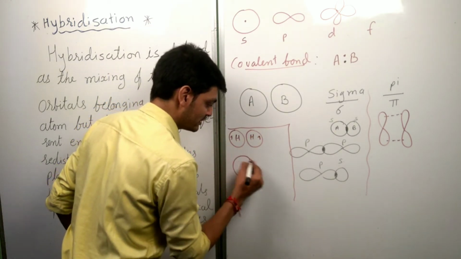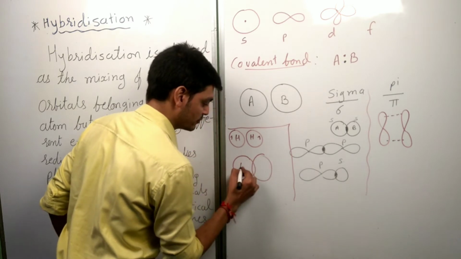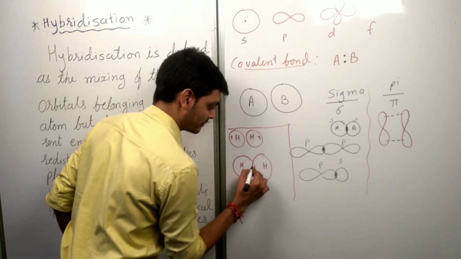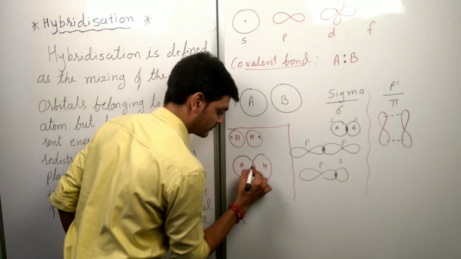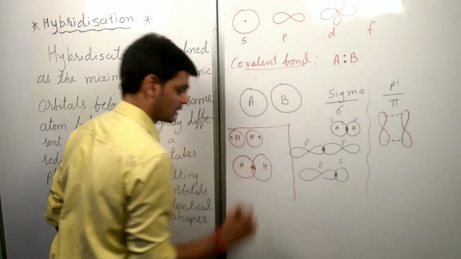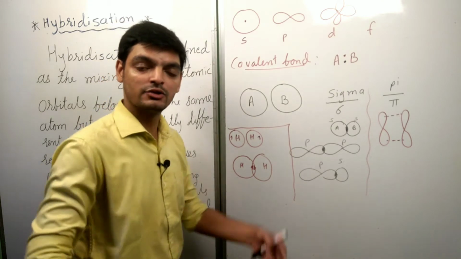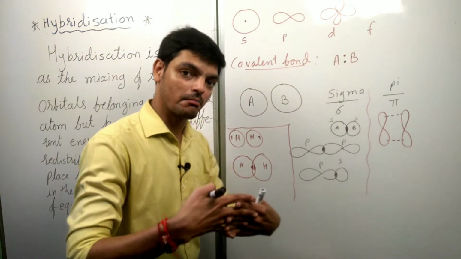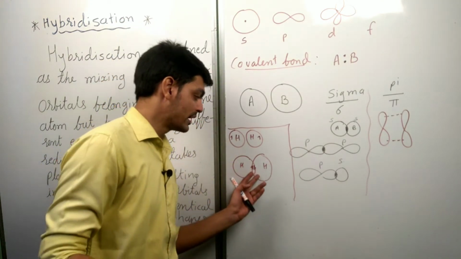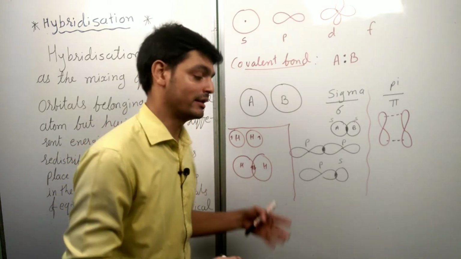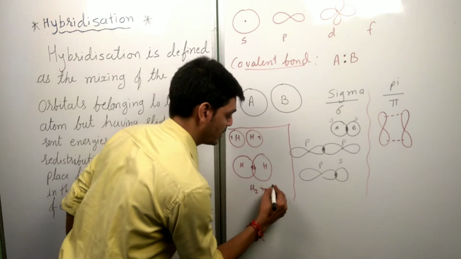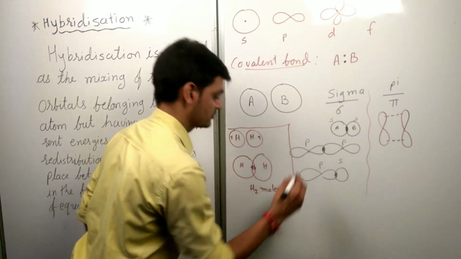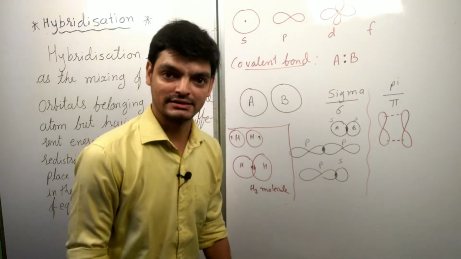Now when hydrogen atoms are forming hydrogen molecules, the two electrons are combined like this. Their two s orbitals are combined and the two electrons are shared between two atoms, and it is the formation of a hydrogen molecule. So the hydrogen molecule is formed like this.